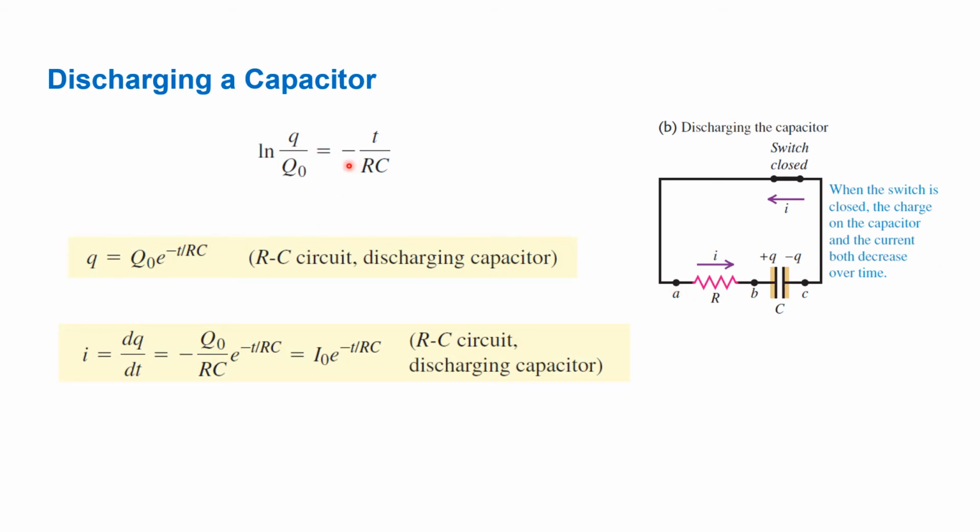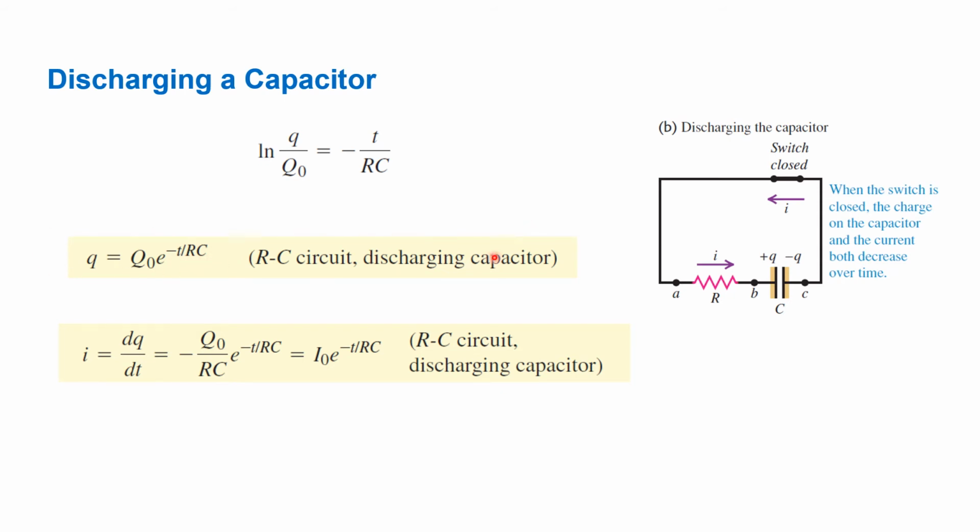Solving for Q by exponentiating both sides, you multiply this side by e and also this side with e. Your Q is equal to Q naught e to the negative t over RC.